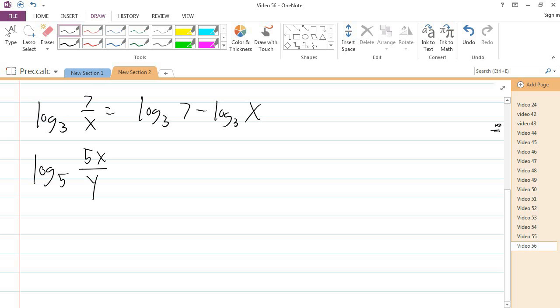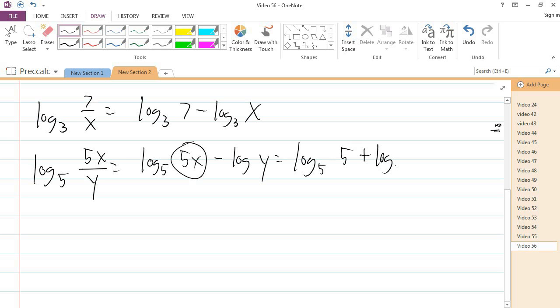I'm dividing 5x and y, so I can immediately write this like that. And then these are being multiplied, so I can write this as two logs being added.